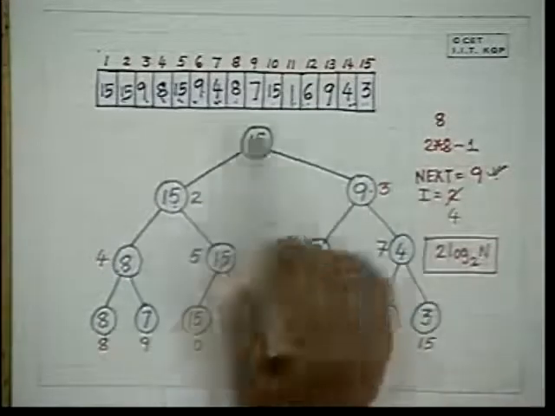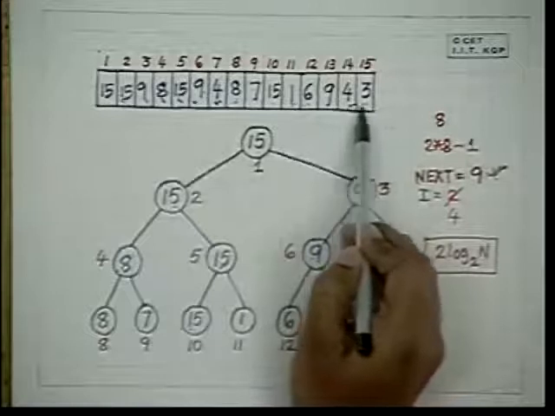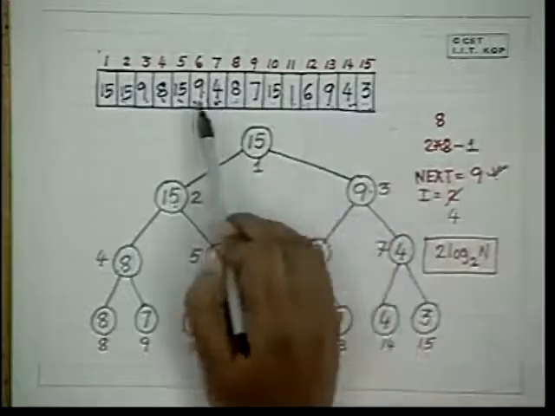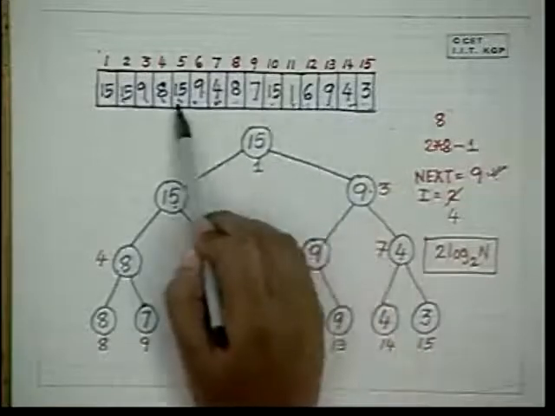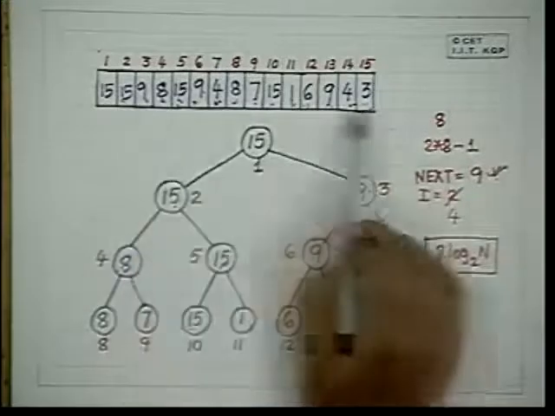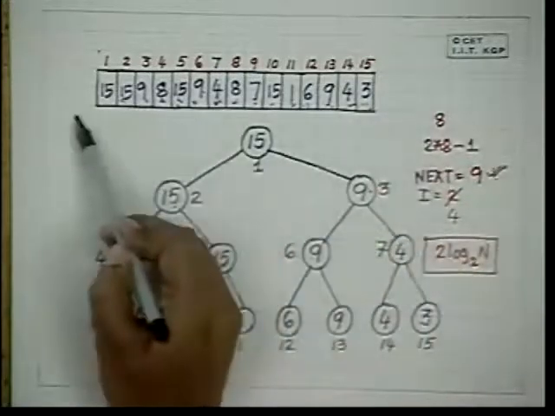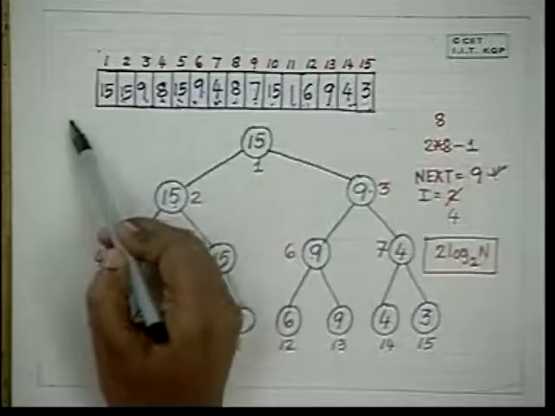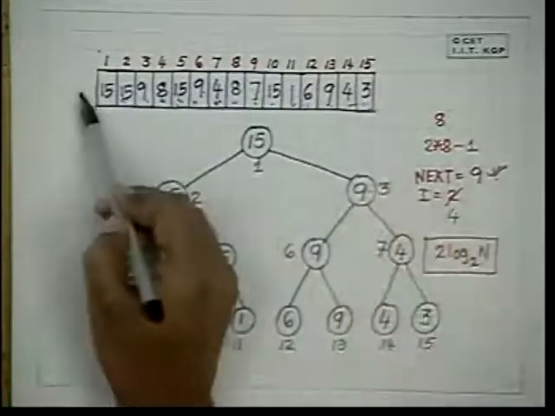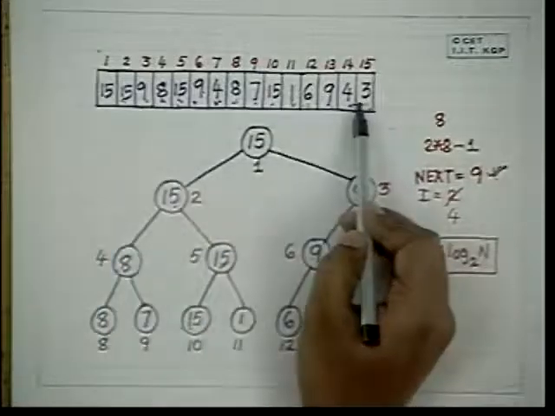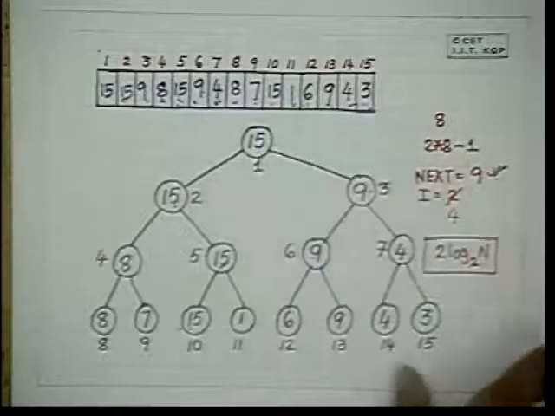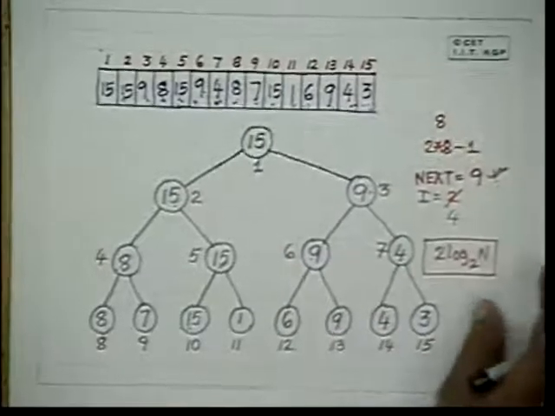So building up this tournament, we did it in a loop from the back, compared these two, 14 and 15 and put it in 7, 6 and 9 and put it in 9, 15 and 1 and put it in 5, 8 and 9 and put it in 4 here, and this is what we did. So this loop is of order n. If this is 2n minus 1, this will be approximately proportional to 2n minus 1. So building up the tournament is of order n time.